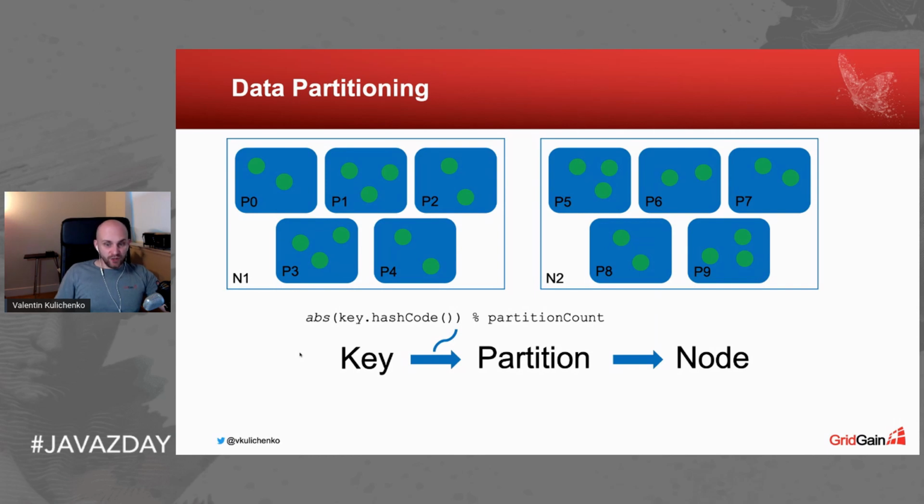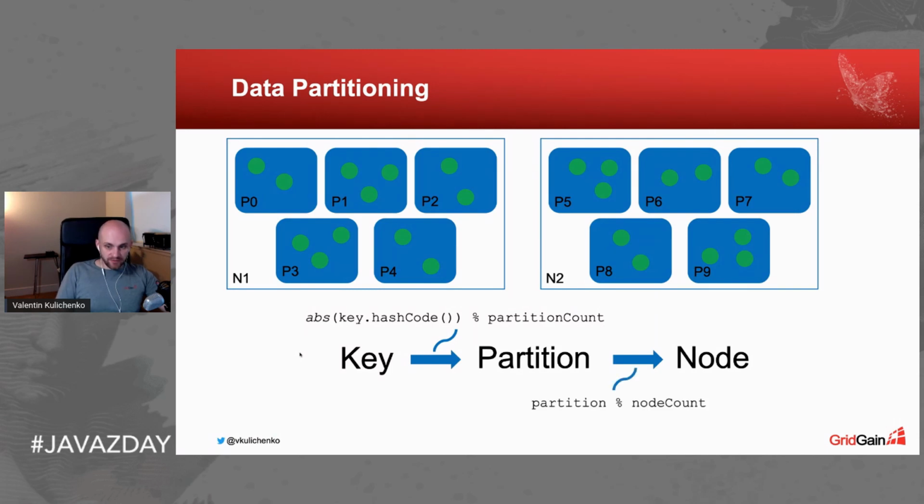And unlike the number of nodes, the number of partitions never changes because that's how we designed it, right? So this step will always be consistent. It will never change. Any key that you pass through this hashing function will always be mapped to the same partition because the number of partitions doesn't change. Hash code is consistent. So we don't have to worry about this.